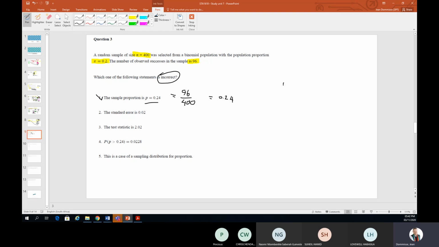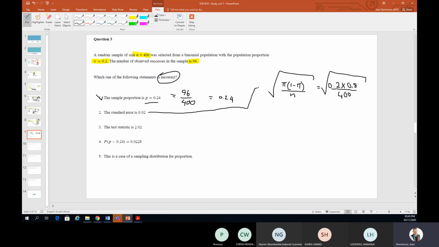So remember the standard error is that. So let's quickly see. 0.2 times 1 minus 0.2 is 0.8, divided by 400, and the square root of that.